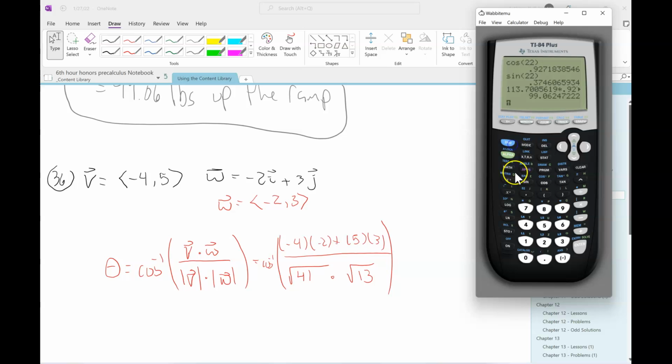And then it's just calculator time. So cosine inverse, I'm going to use the fraction command to make this a little bit easier, so I don't have to use so many parentheses. So I have 8 plus 15 over root 41 times root 13.